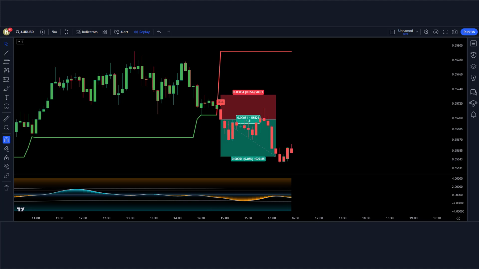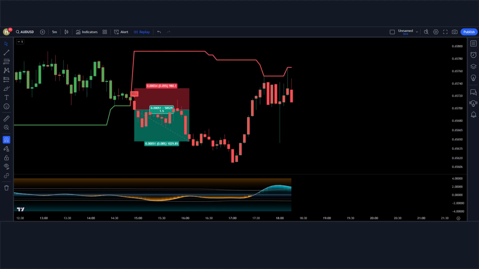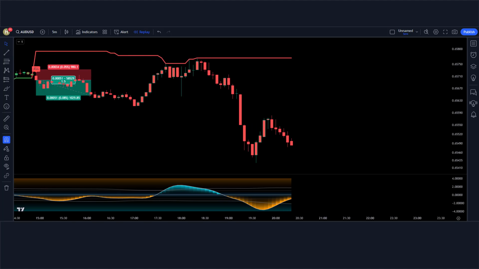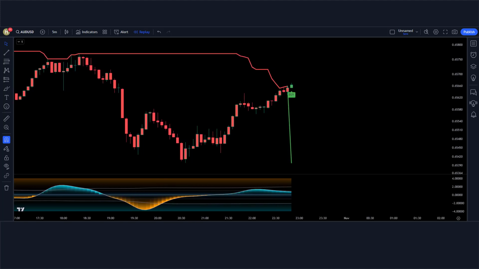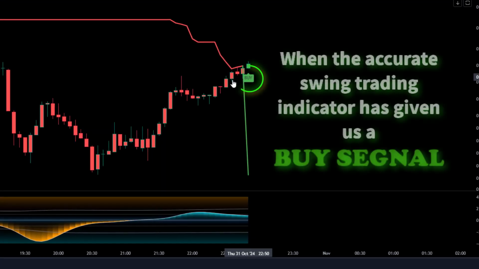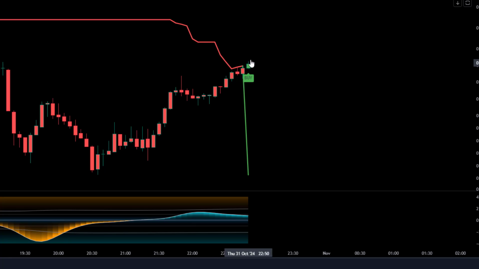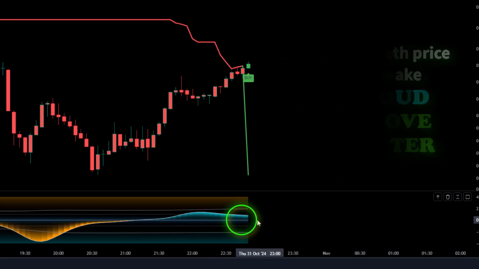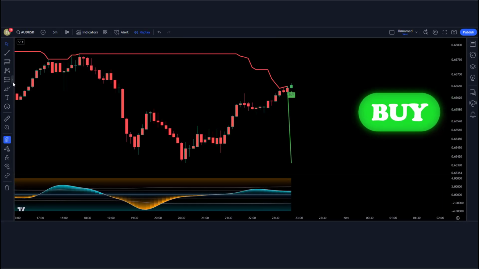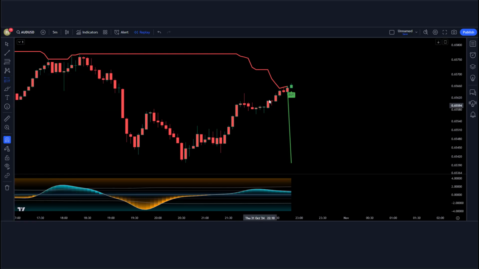Now let us understand long position. When the accurate swing trading indicator has given us a buy signal, when the market has formed a bullish candle, when the smooth price oscillator makes sky cloud and is above the center line, if this condition is fulfilled, then we will place buy order.